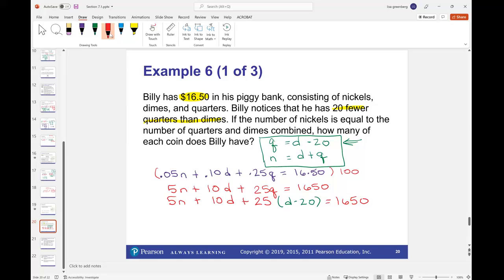So I know nickels equals dimes plus quarters, so let's start with that. I have 5 times D plus Q plus 10D plus, and I'm just going to multiply this out or distribute, 25D minus 500 equals 1650. Okay, so now I have 5D plus 5Q plus 10D plus 25D minus 500 is equal to 1650.